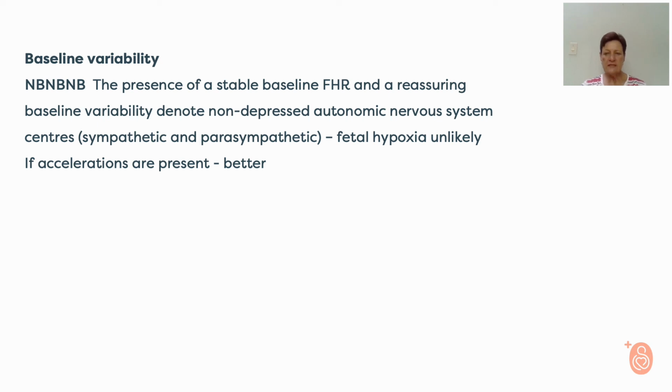This usually says to us that this is a normally acting autonomic nervous system, both sympathetic and parasympathetic, and that the fetus is not becoming hypoxic. Hypoxia is highly unlikely. And if there are accelerations present as well, we're even happier. So good variability is always a good sign for us.